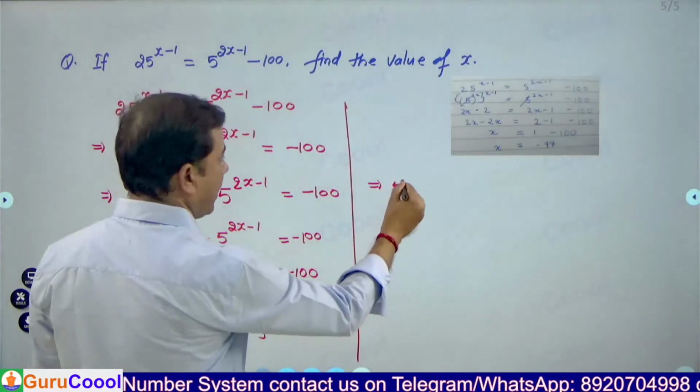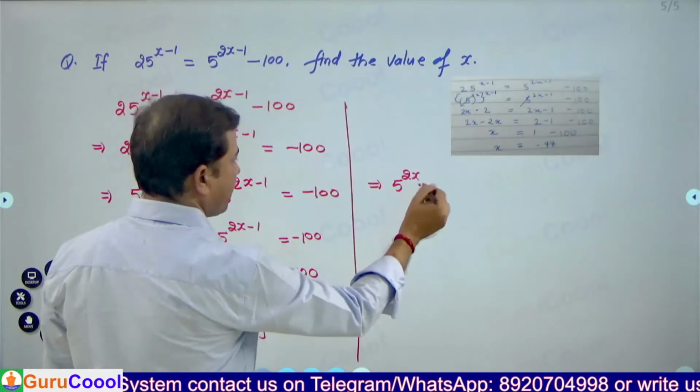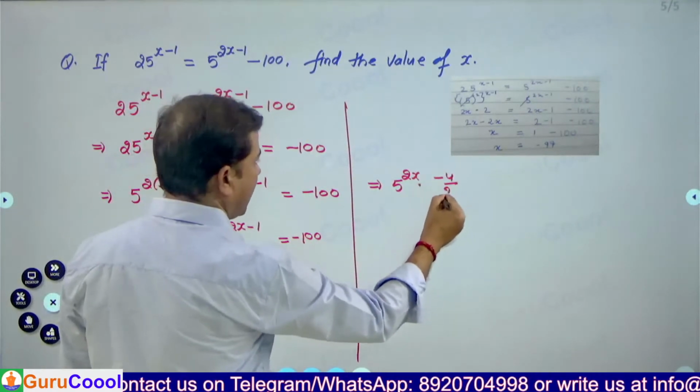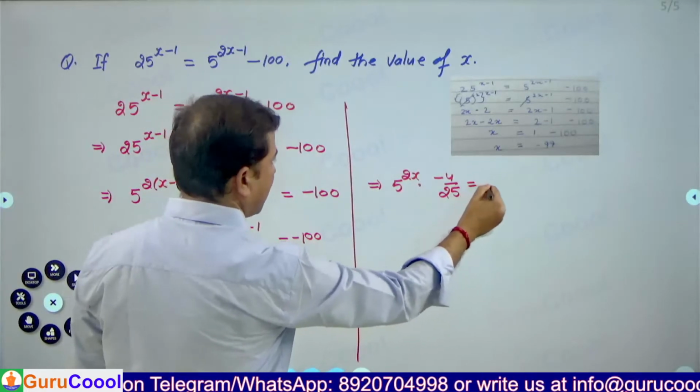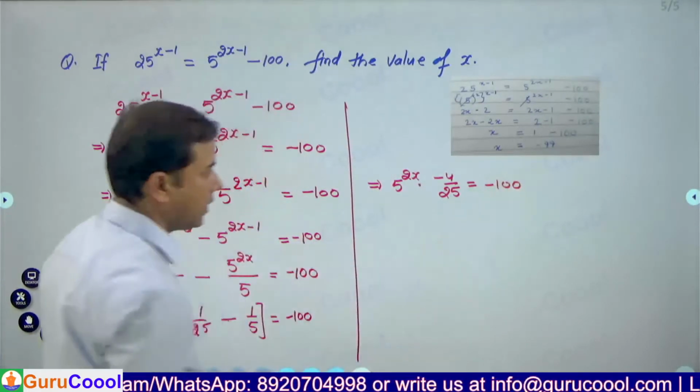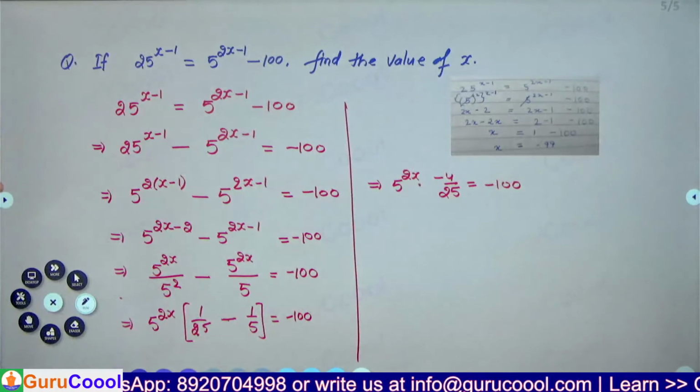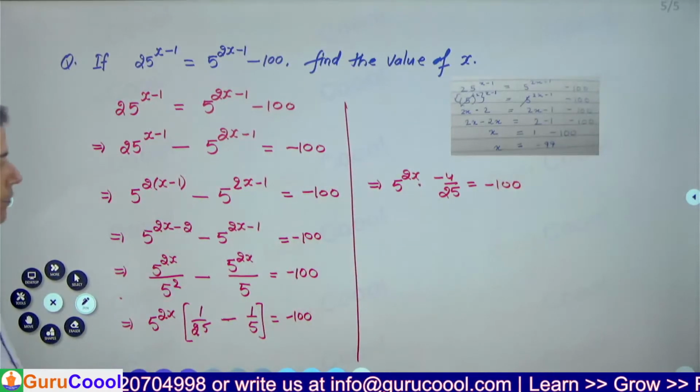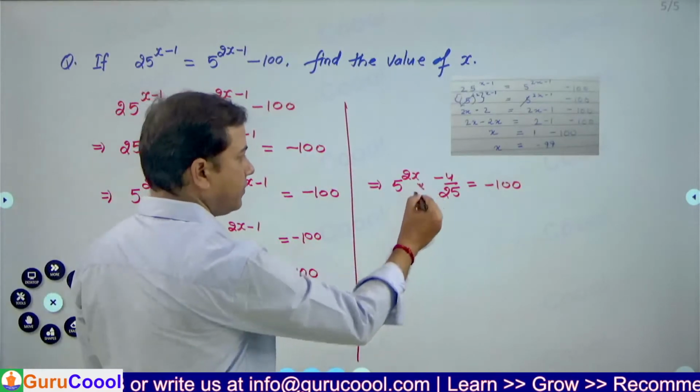Now we have 5 raised to the power 2x into minus 4 by 25 is equal to minus 100. Check it. Correct? Yes, sir. This is a multiply sign here.